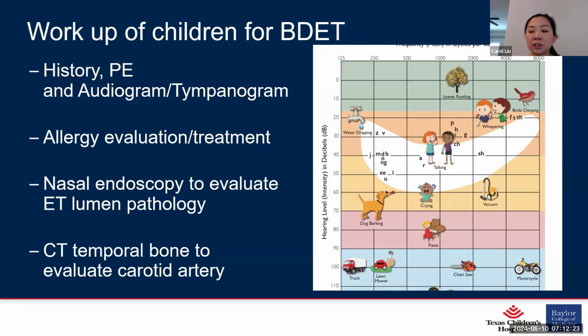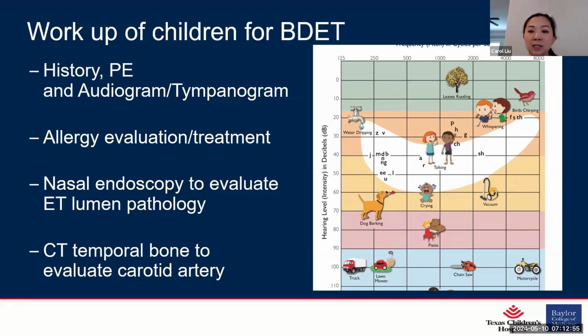When I first started looking into doing eustachian tube balloon dilation for kids in 2019, a lot of the patients that came to mind were the ones with recurrent ear infections. They are still good candidates, but with time what I realized is that the chronic otitis media with effusion patients actually respond even better. So history taking is very important.